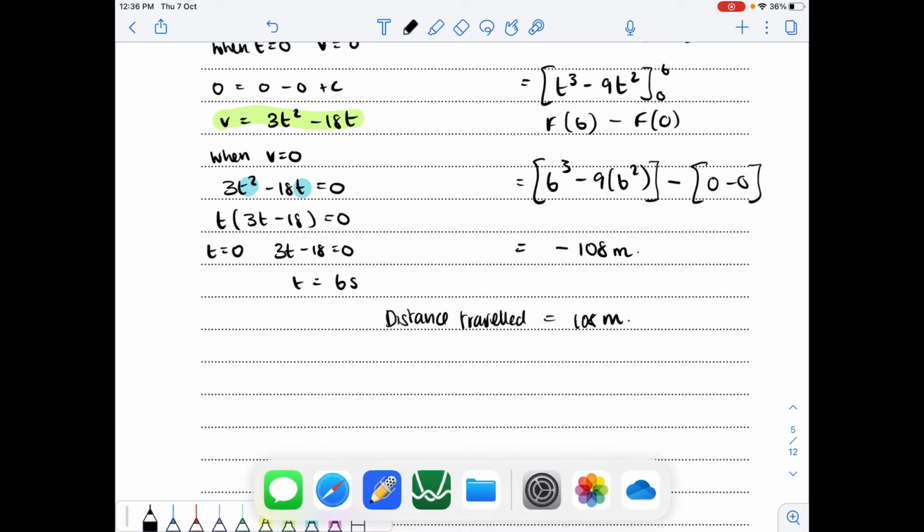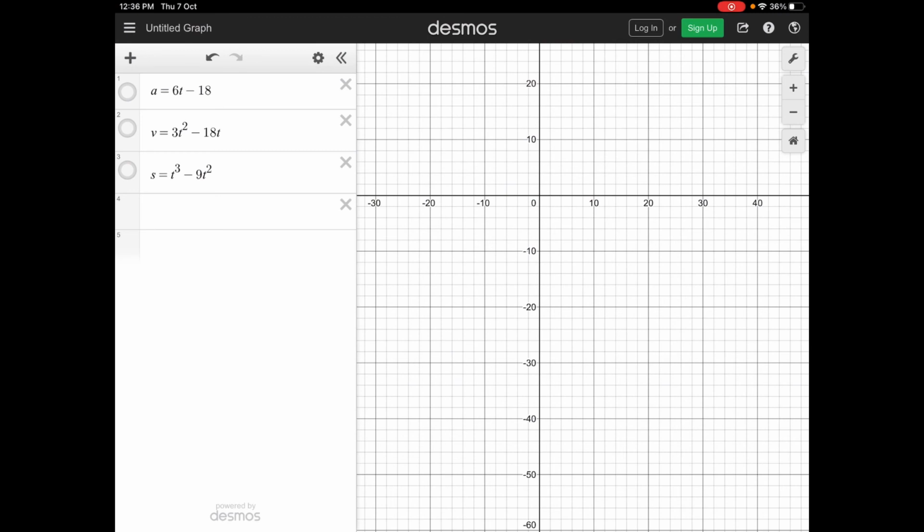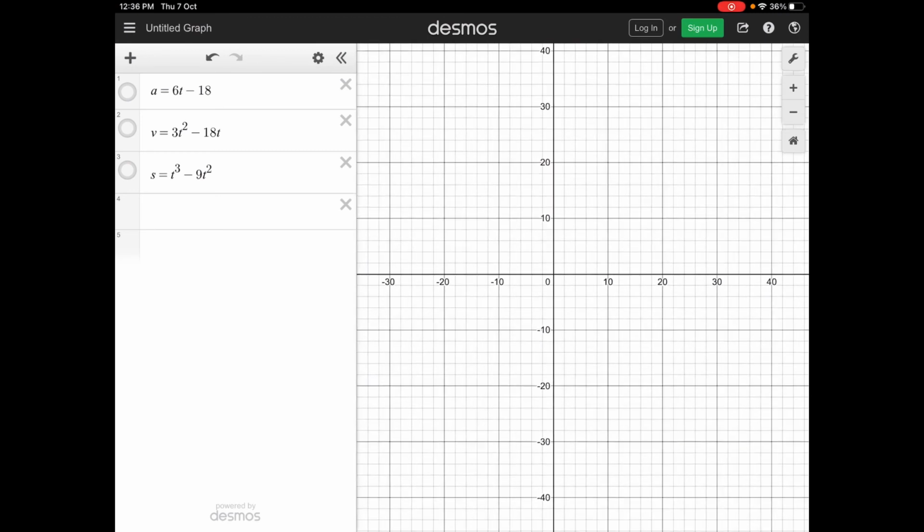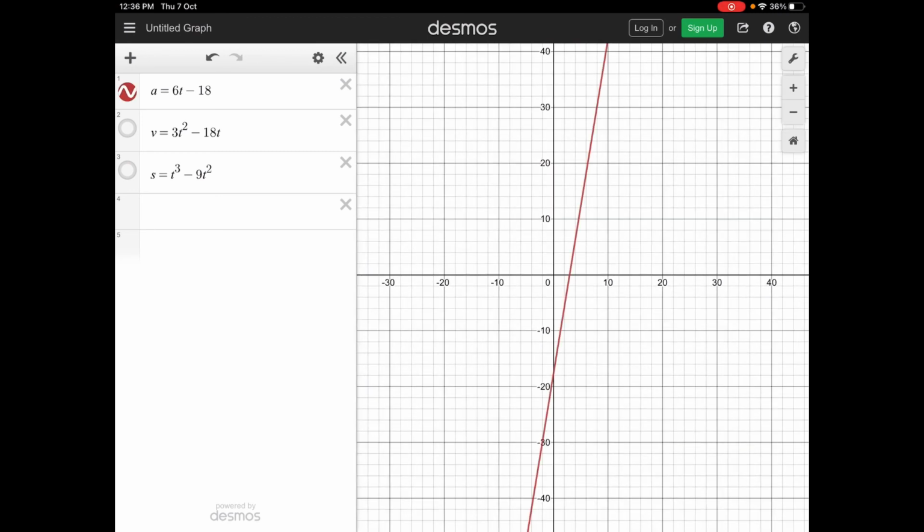Now, if you're wondering and getting confused about why we get a negative answer, let's have a look at this graphically. So here are the equations that we started with. We know that acceleration is the change in velocity. When acceleration is equal to 0, that means our velocity has a turning point, in other words, it's going to change direction.